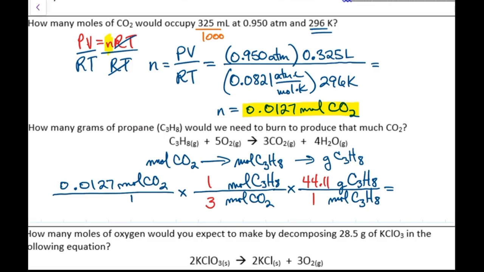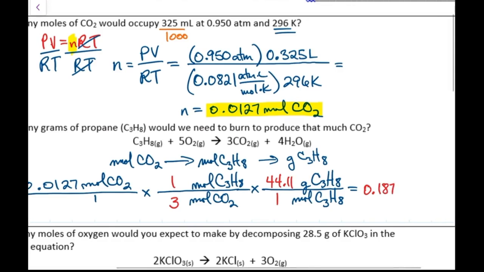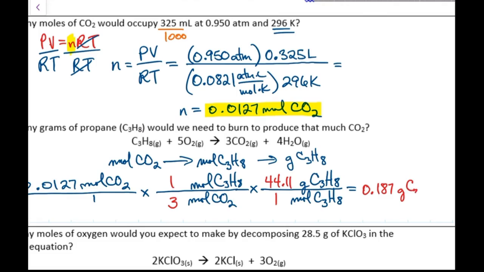And I should get 0.187 grams of C3H8. So hopefully you got that answer too.